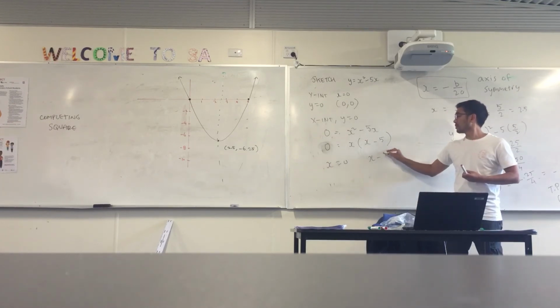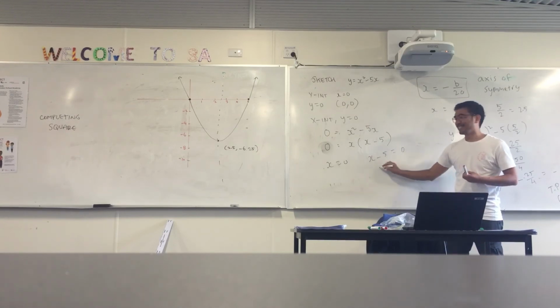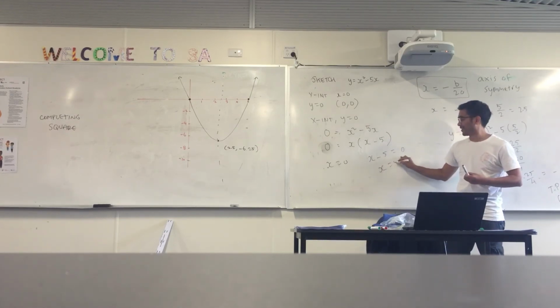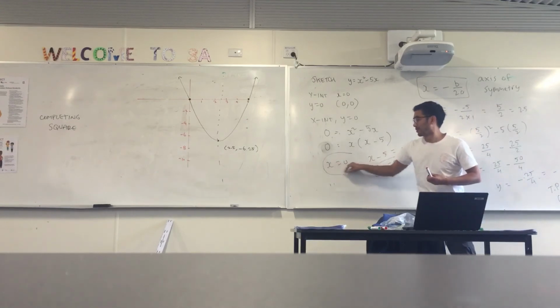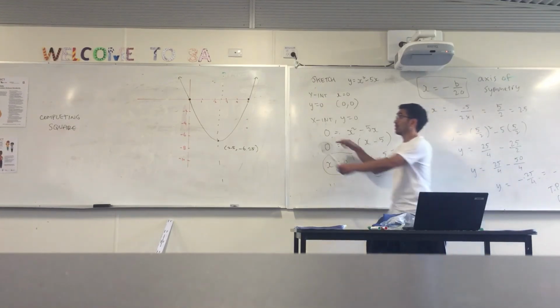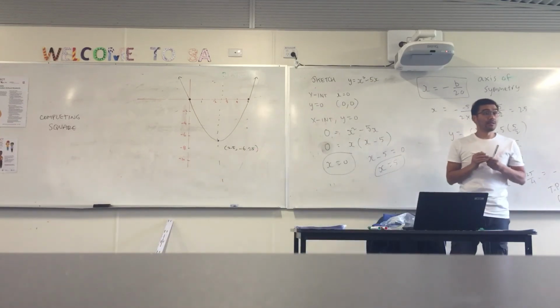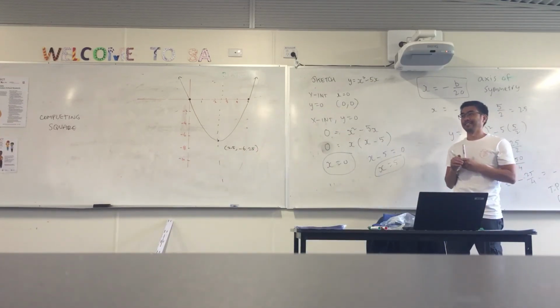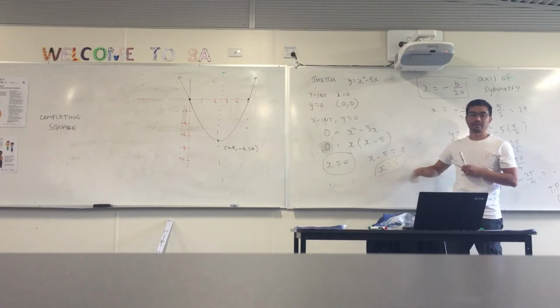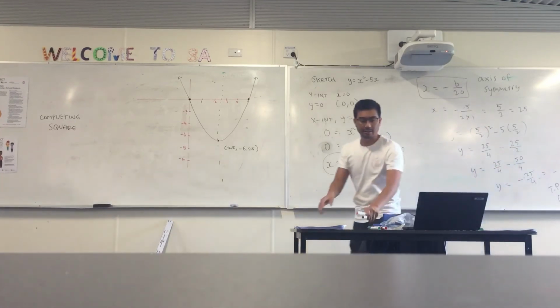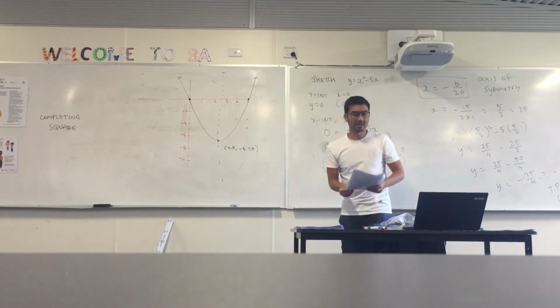X minus 5 equals 0. X equals 5 here, and x equals 0 there. 0 and 5. Okay.